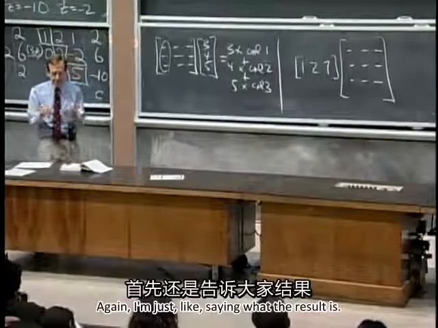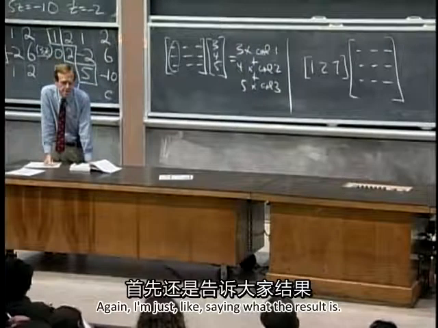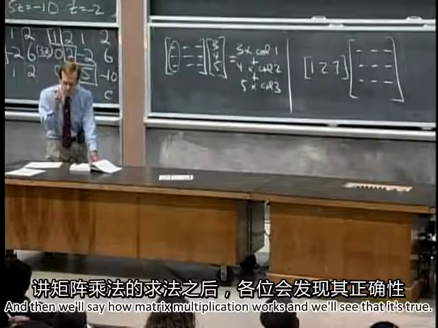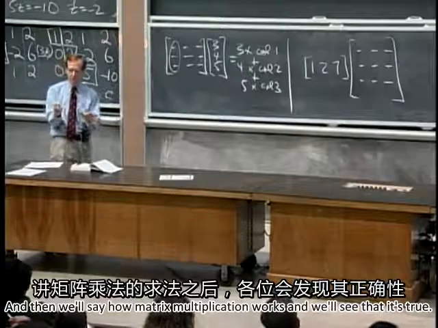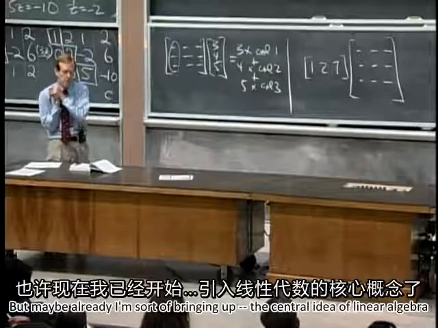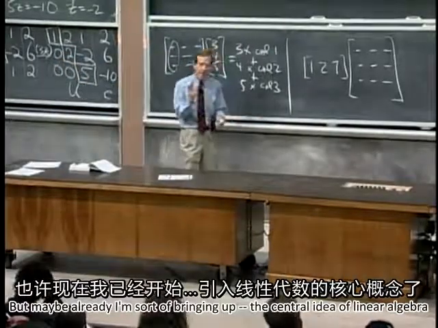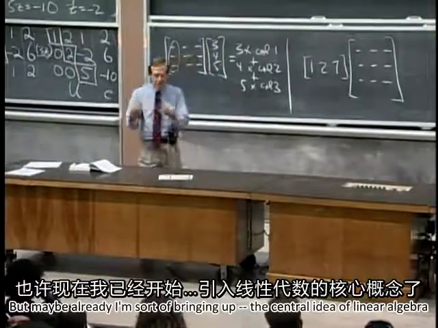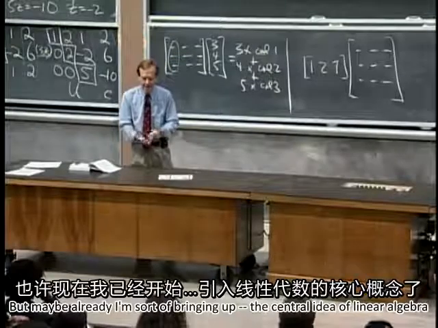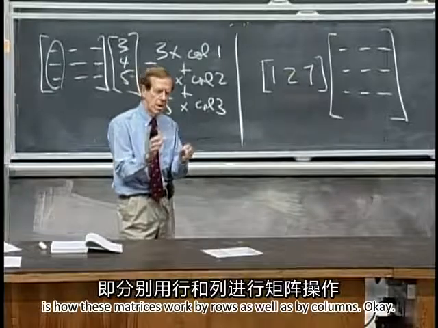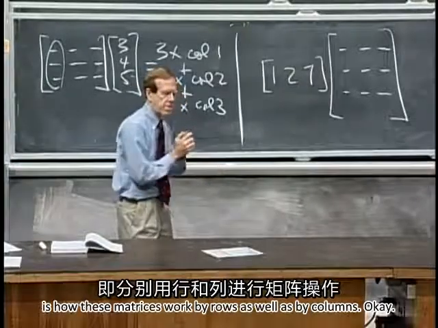Again, I'm just saying what the result is, and then we'll say how matrix multiplication works, and we'll see that it's true. But maybe already I'm bringing up the central idea of linear algebra, how these matrices work by rows as well as by columns.